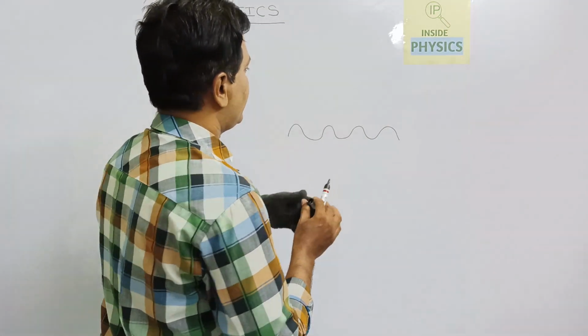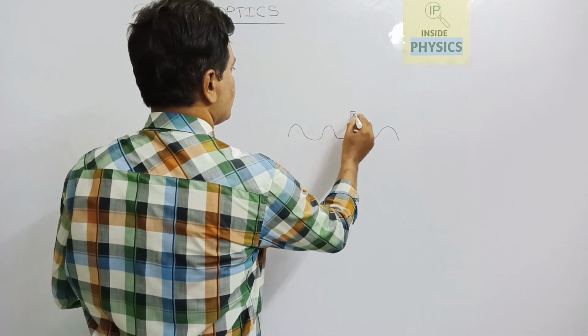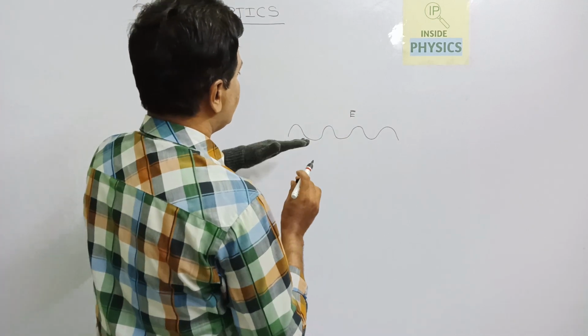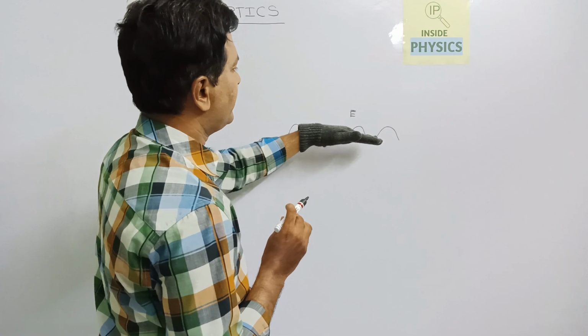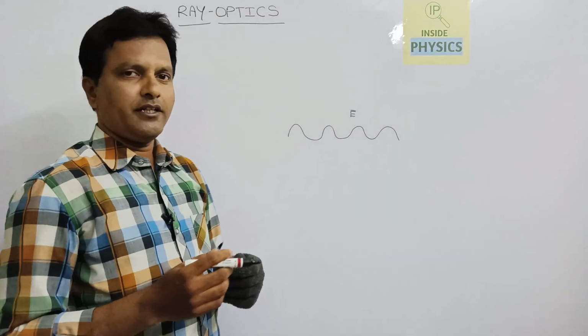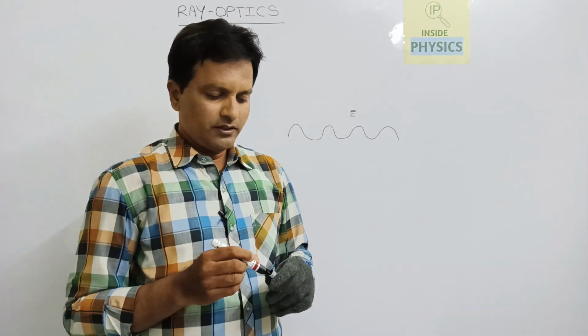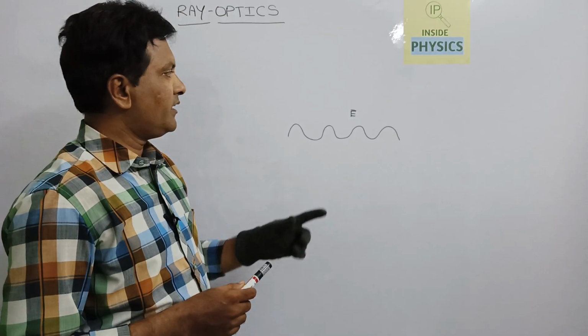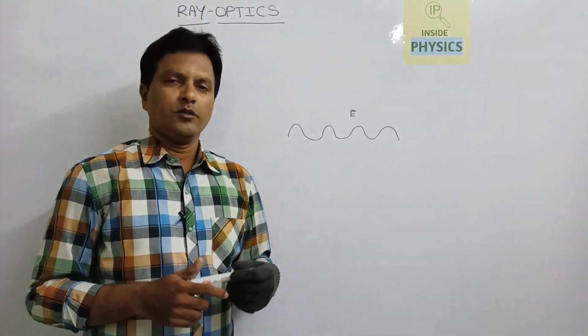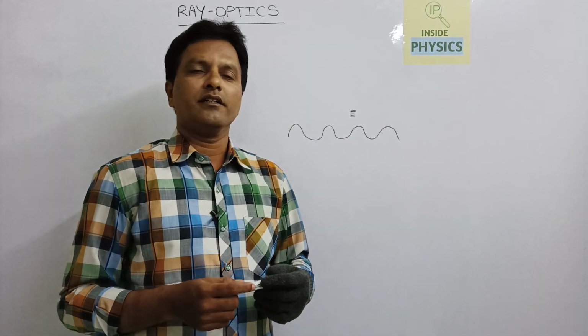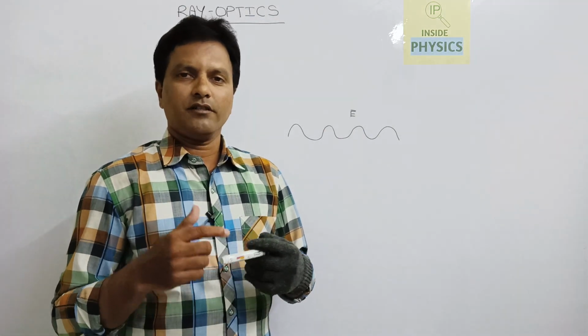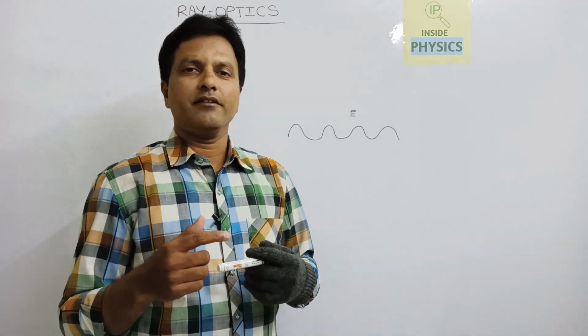This is the electric field, and perpendicular to it there is the magnetic field propagating.